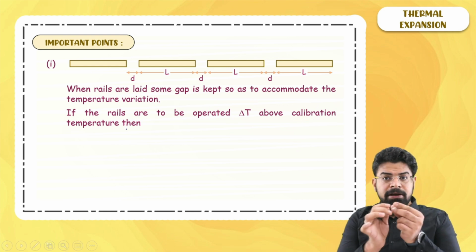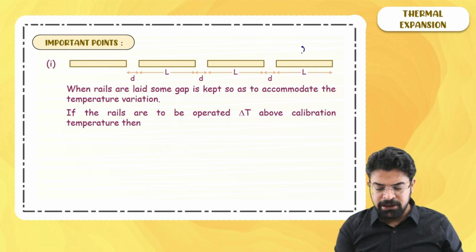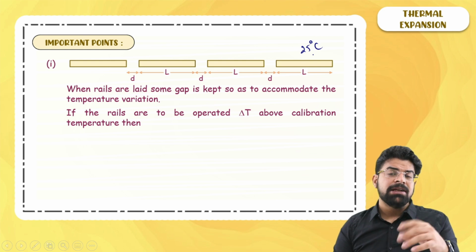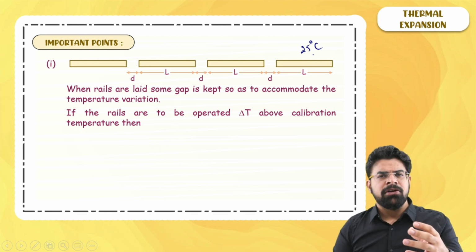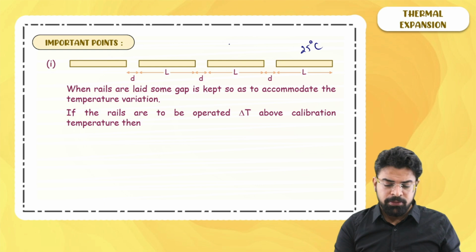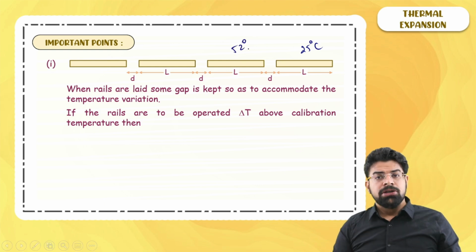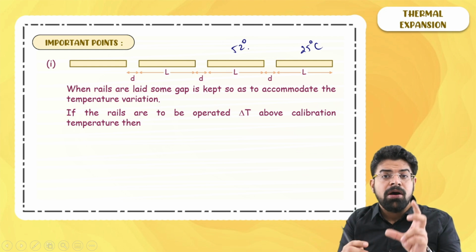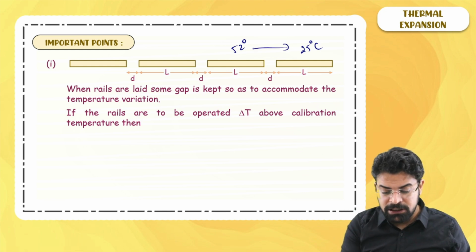let's say you are building this track on a day when the temperature is 25 degrees centigrade, but you are an engineer who knows that in this particular region the temperature sometimes goes up to 52 degrees centigrade. So you have to take care of the linear expansion of the rails on a hot day. Here you will say the maximum temperature rise can be 27 degrees centigrade.